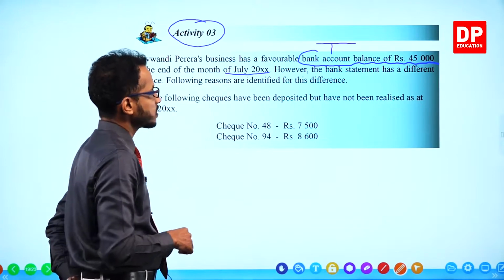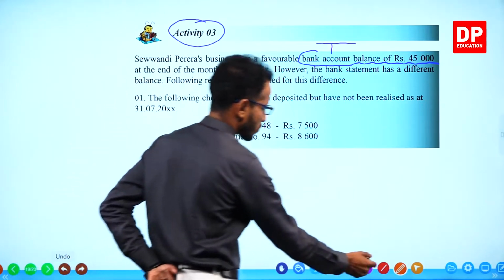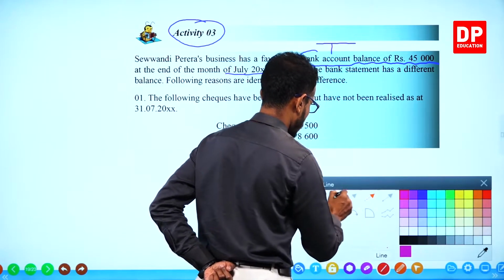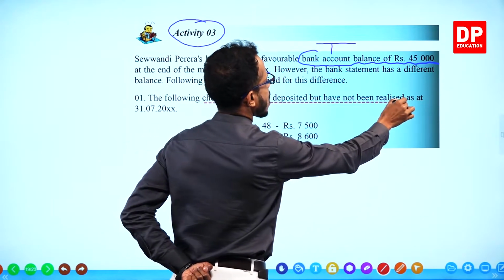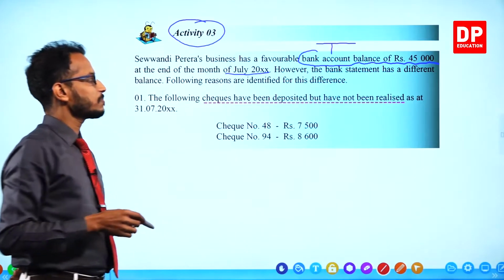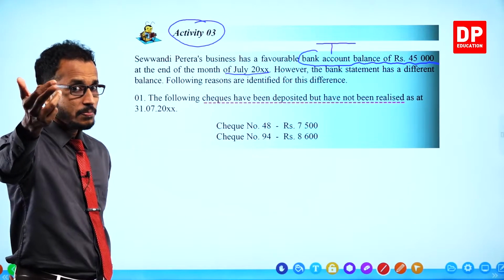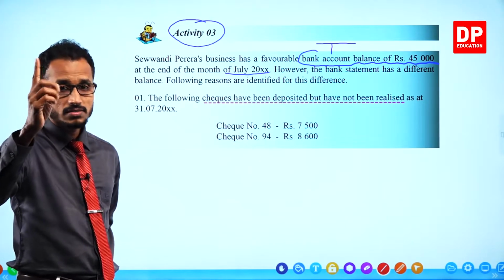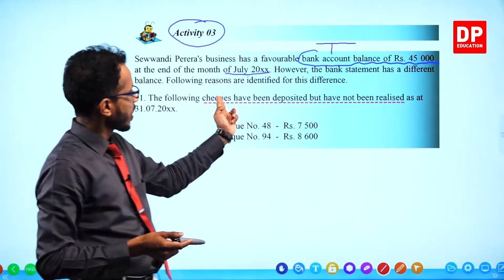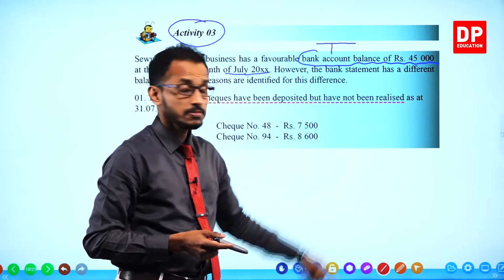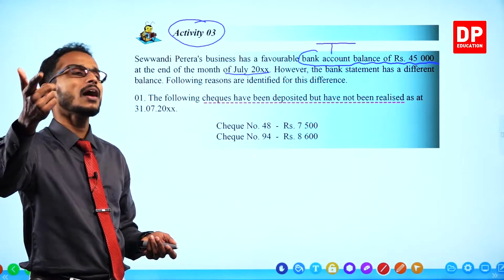Checks which are deposited but not realized. Now you tell me a name, one word for this. Checks that have been deposited but have not been realized. Unrealized checks.